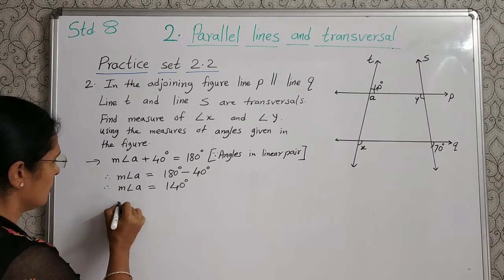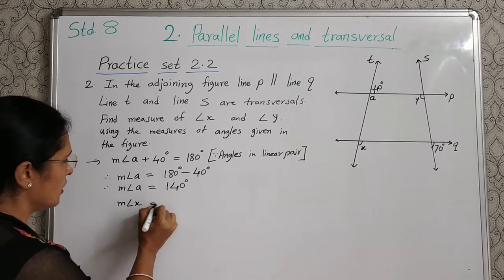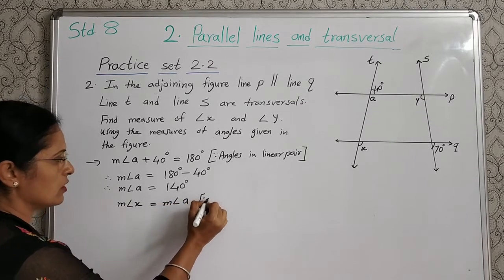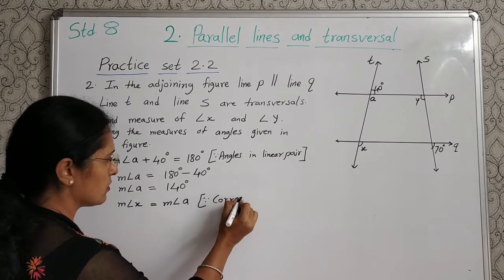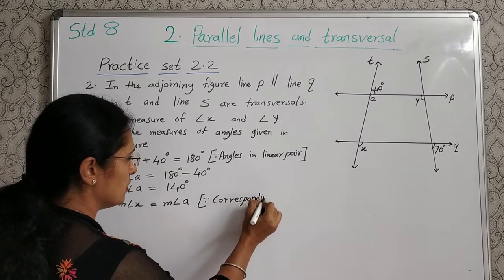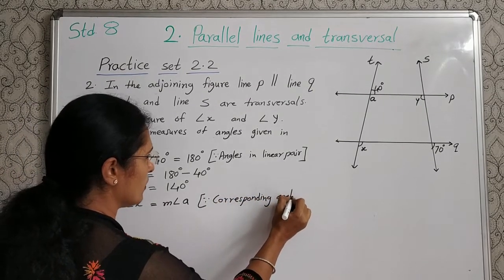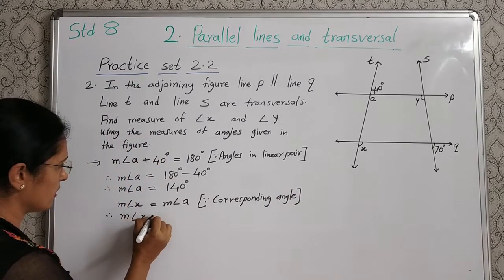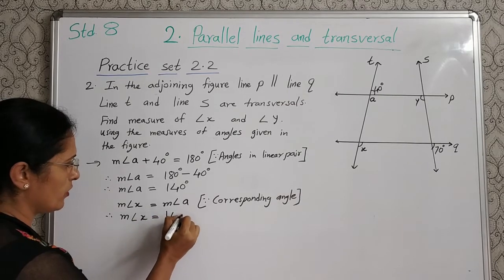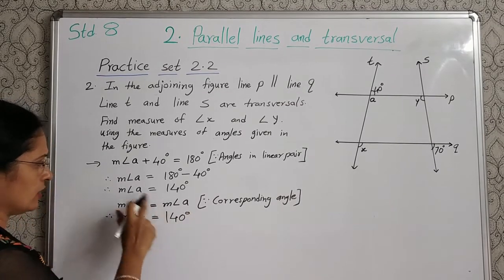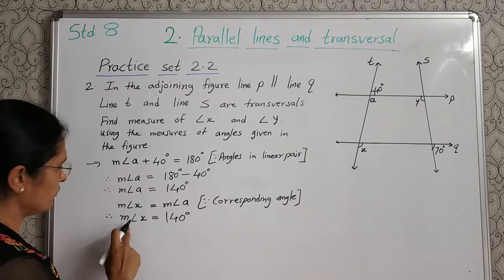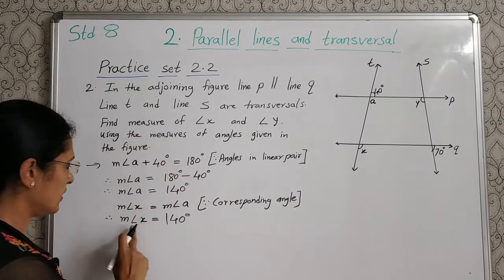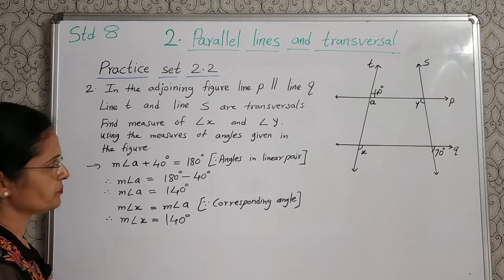So next, measure of angle x is equal to measure of angle A. Reason: corresponding angles. And therefore measure of angle x is equal to 140 degrees, because angle A we got 140 degrees, therefore x is also 140 degrees. So first we got the measure of angle x is 140 degrees.